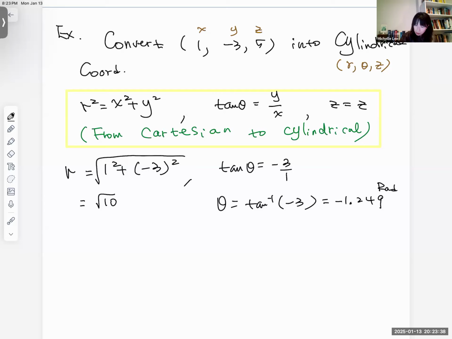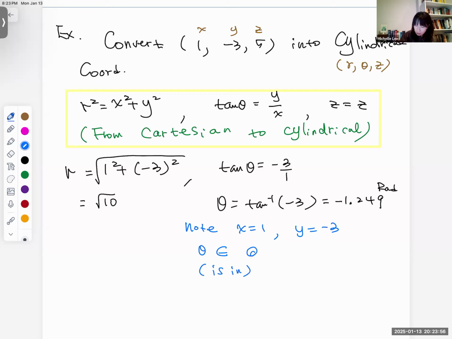Okay, so let's take a look. Note x equal to 1, y equal to negative 3. That means the angle theta is in quadrant 4, right? So we have negative 1.249 radians, which is clockwise, so quadrant 4, but we want to express it as a positive angle.